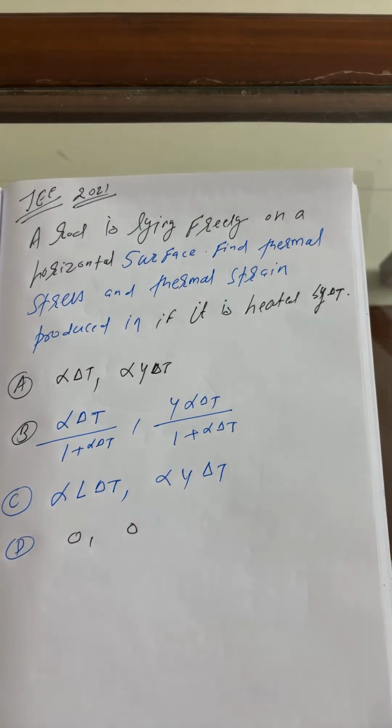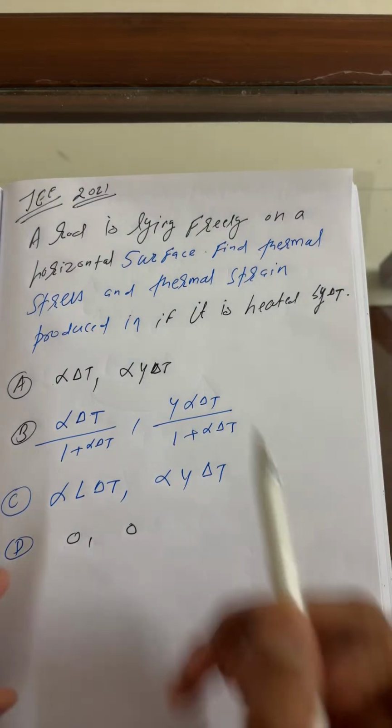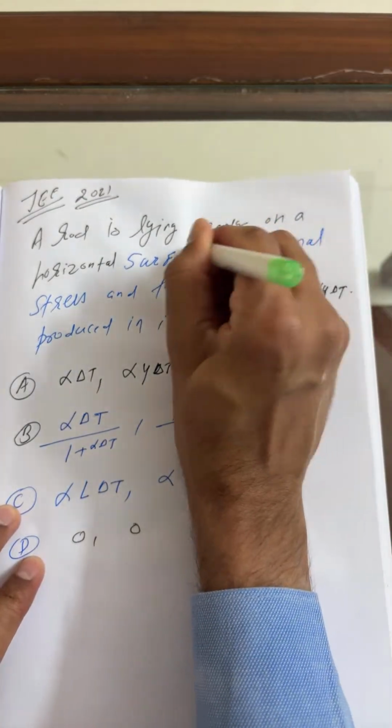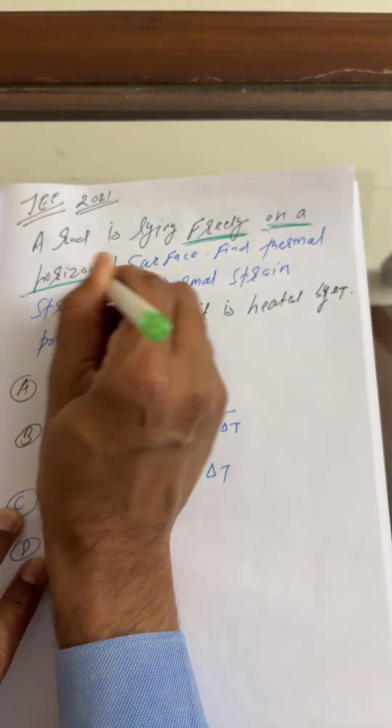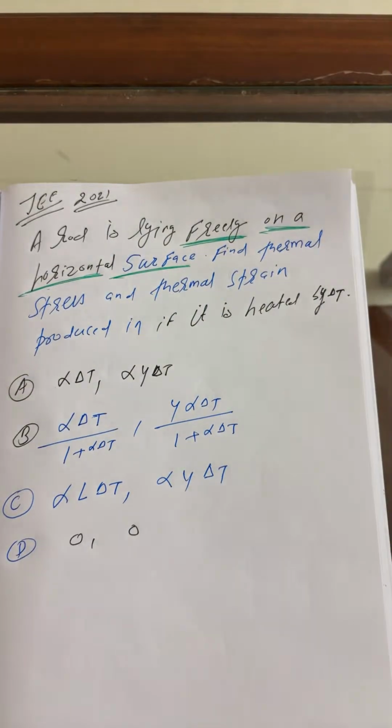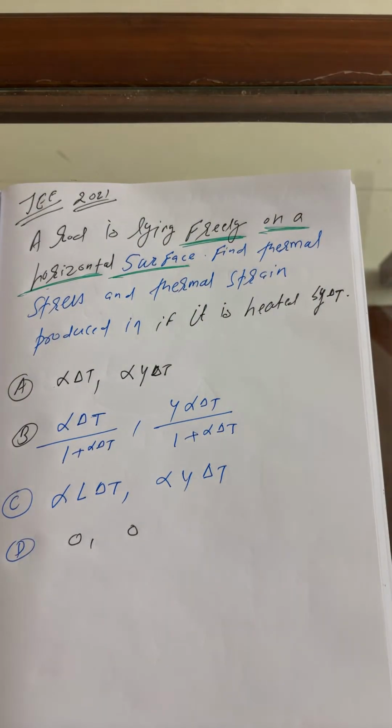Now answer me, anyone from all of you. Behind this question, what is the major point you can keep in your mind? The rod is lying freely on a horizontal surface. Sagar, I got your answer.